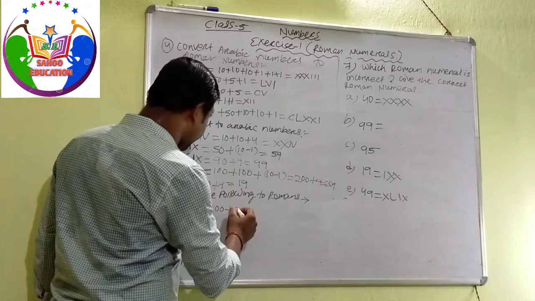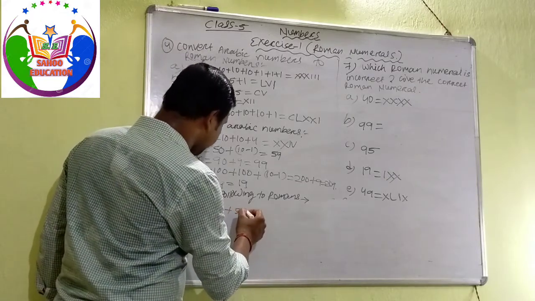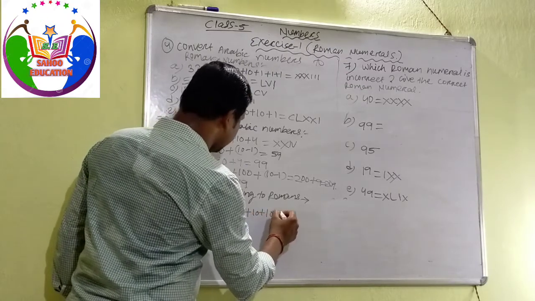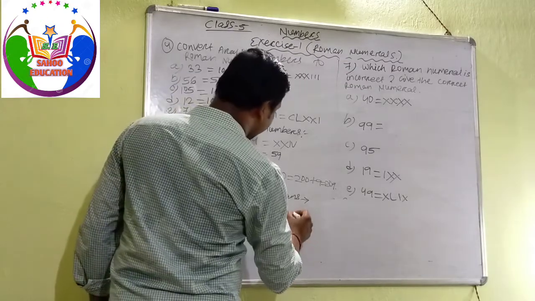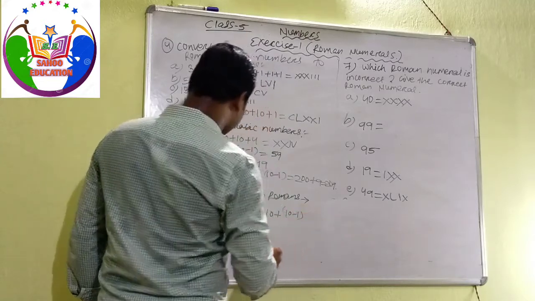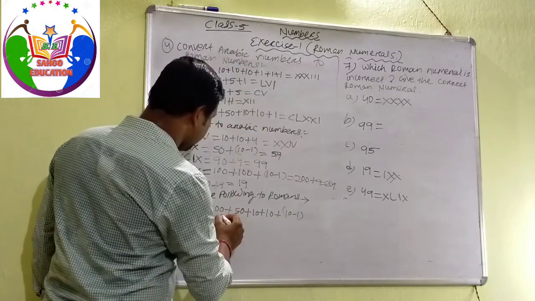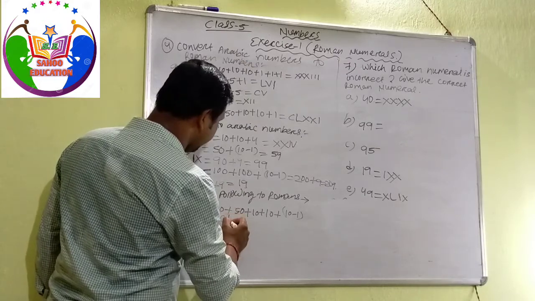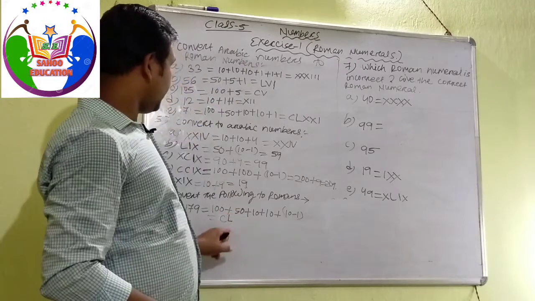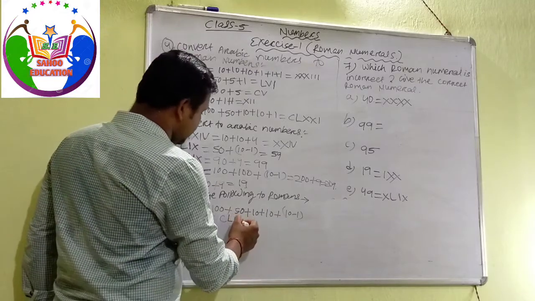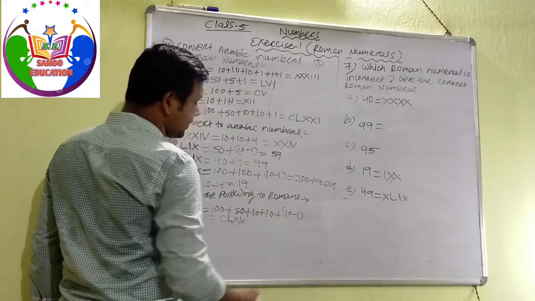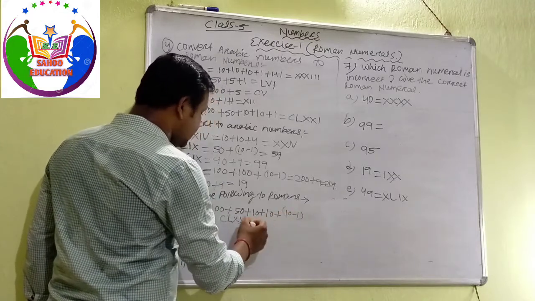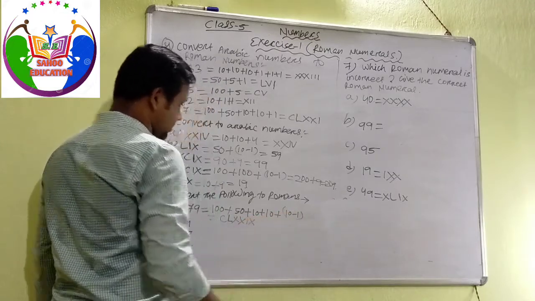So we can write 70 as 50 plus 10 plus 10, and 9 can be written as 10 minus 1. So we'll write 100 for C, 50 for L, then X for 2 times 10, and 10 minus 1, that is IX.